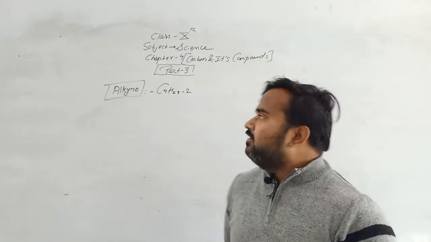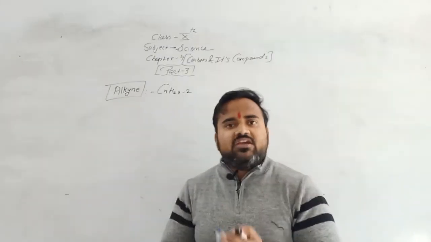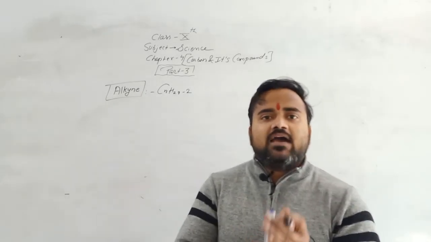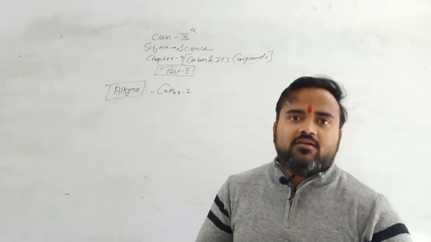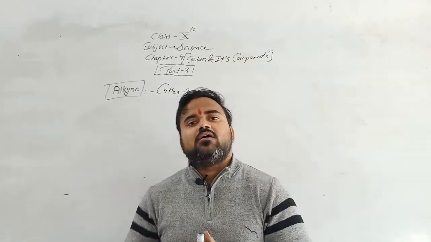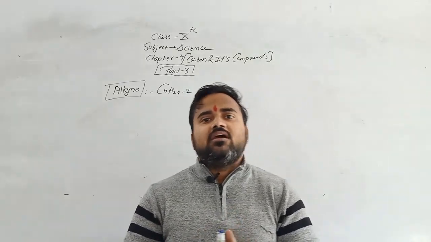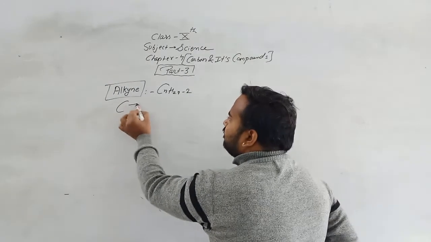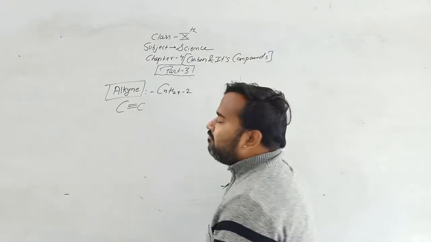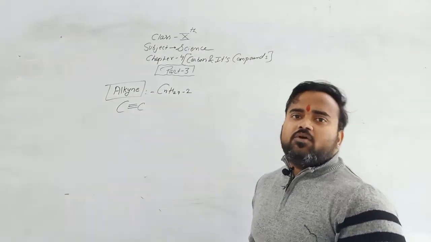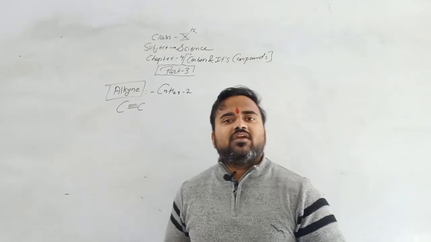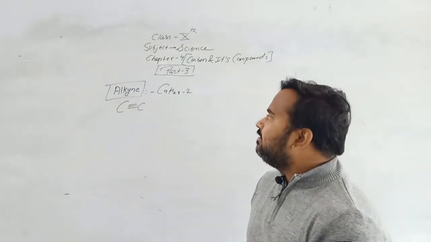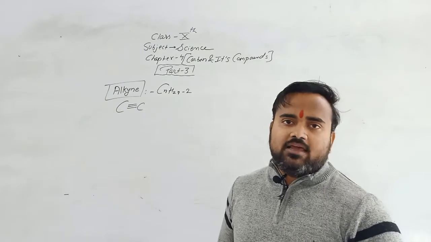Alkyne is a compound in which a carbon-carbon triple bond is present. The organic compound in which there is a triple bond between two carbon atoms is known as alkyne. As you can see here, C triple bond C. Whenever we see C triple bond C in any organic compound, we can say that it belongs to the alkyne family.